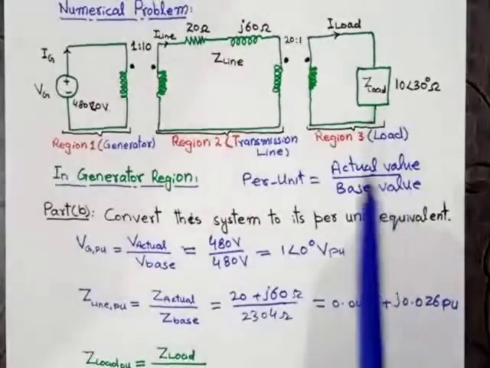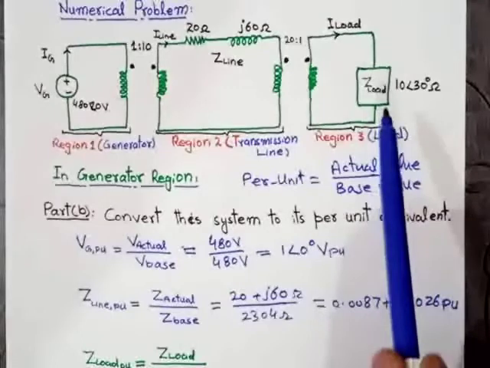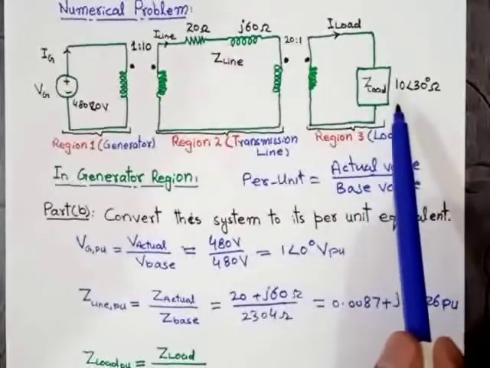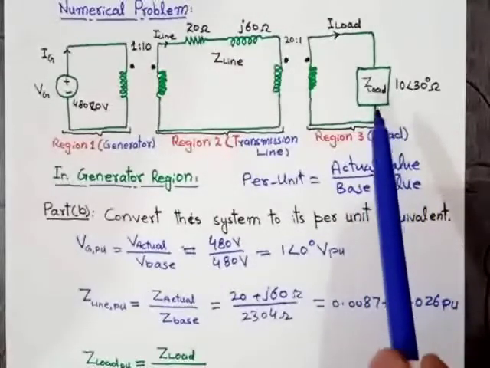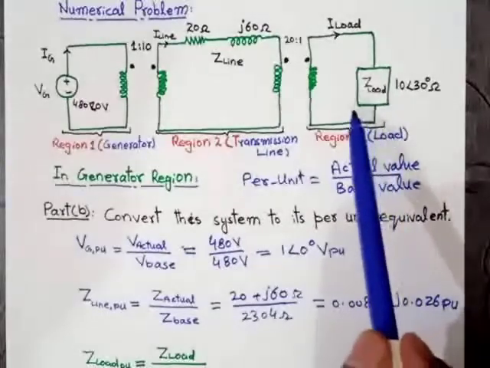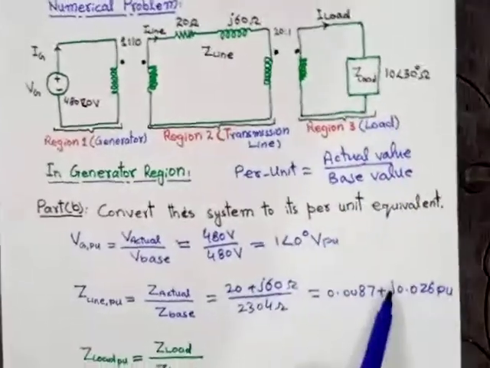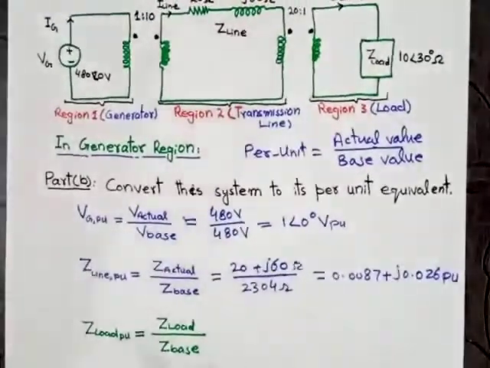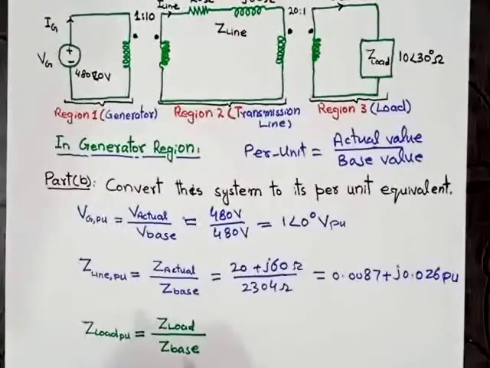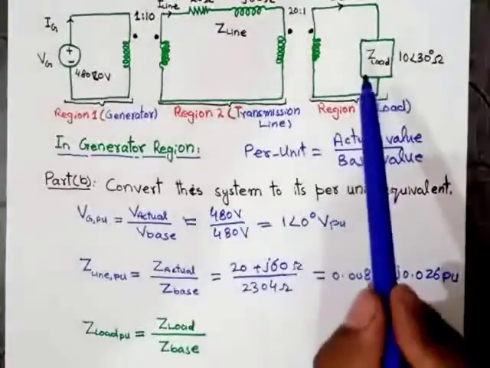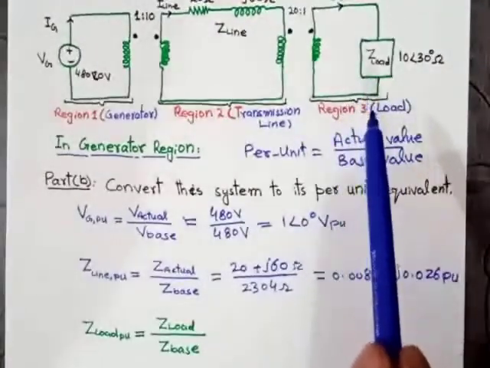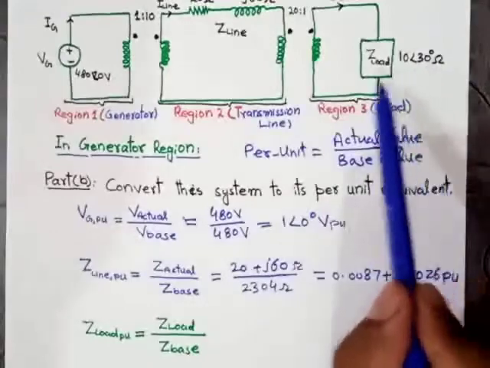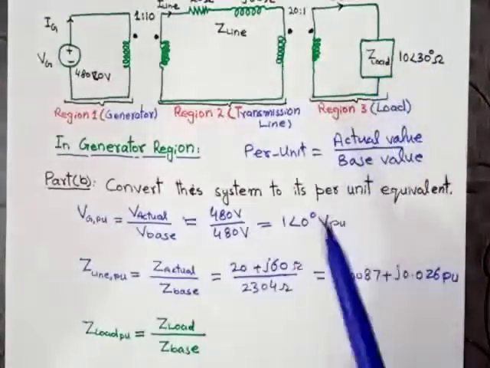Now the last actual value in the given circuit is the load impedance. So now we will find the per unit value of the load impedance. As we know, per unit value of the load impedance is equal to the actual value of the load divided by the base value of the load. Now we will use the base value of region 3 because we are using the actual value of region number 3, that is Z load.